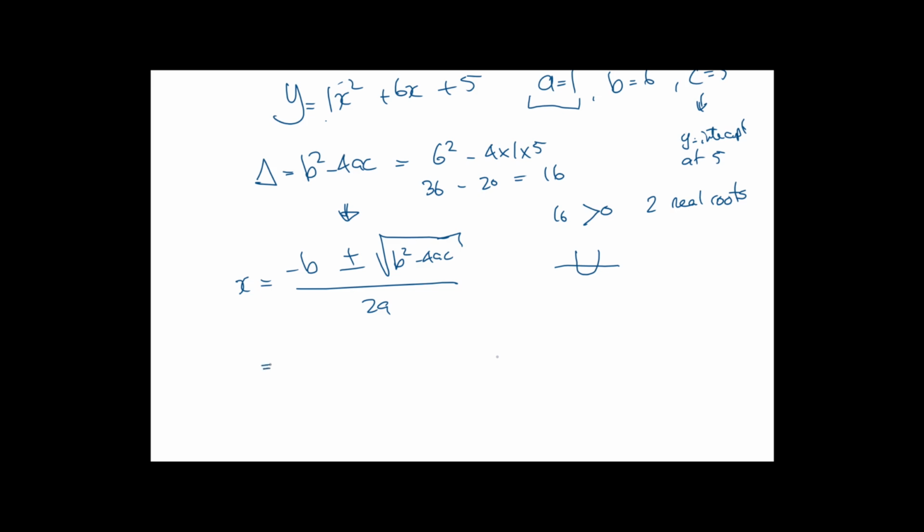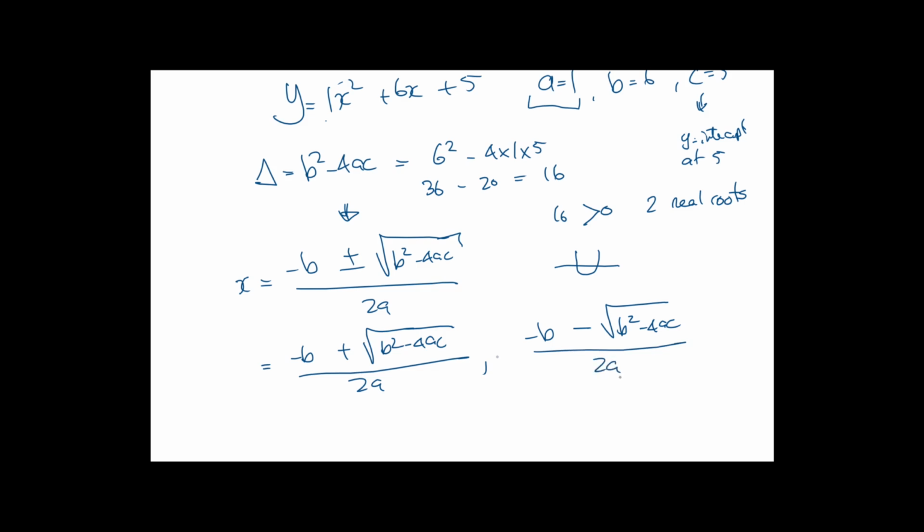Let's put in the numbers. One of the roots is going to be minus b plus the square root of b squared minus 4ac all over 2a. The other one is going to be minus b minus the square root of b squared minus 4ac all over 2a.